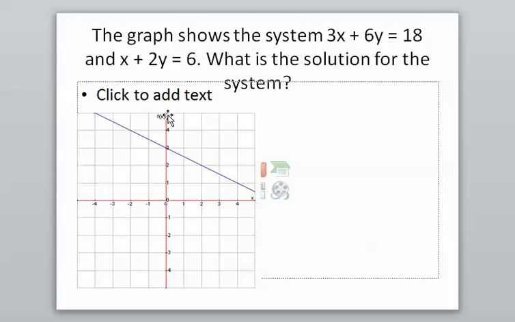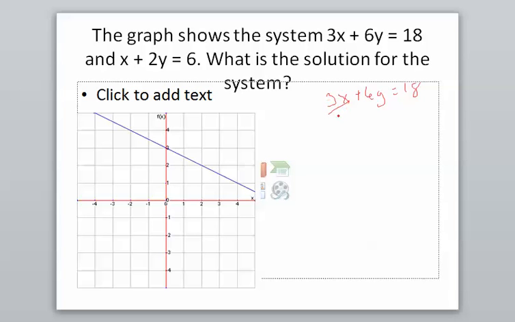This graph shows the system 3x plus 6y equals 18 and x plus 2y equals 6. What's the solution set for this system? Well, in this particular system, I only see one line down there. So I have to ask myself what's going on. I'm going to take this 3x plus 6y equals 18, and I notice that all three of these are divisible by 3.